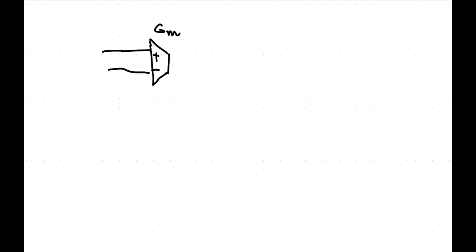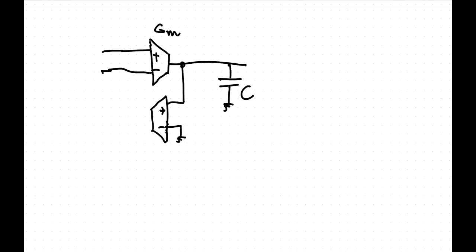We can just make all of them the same. They don't have to be, but have a transconductor there, and then we pop that into a capacitor to ground. So C here, and then we look at the voltage, and we feed that into a transconductor like that. Plus minus, that goes to ground.